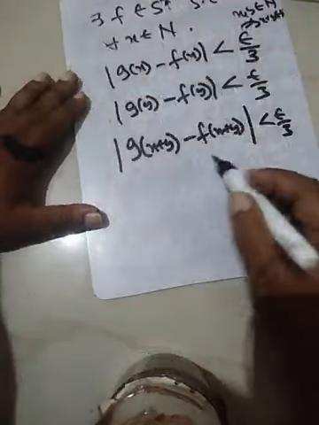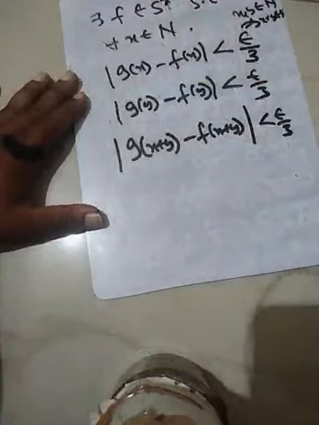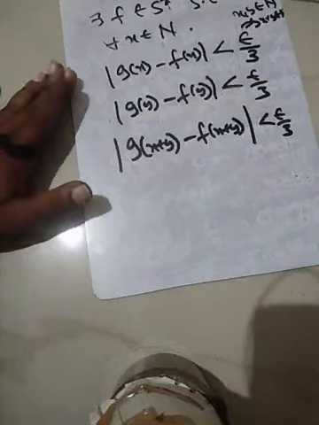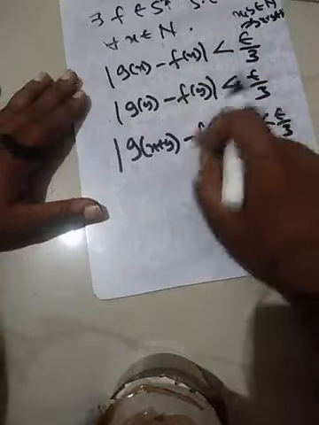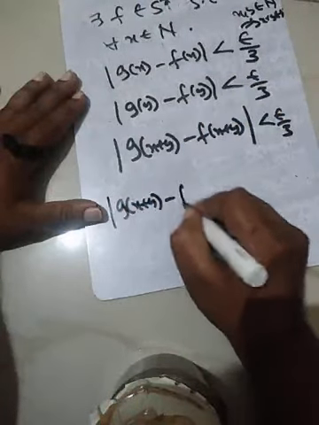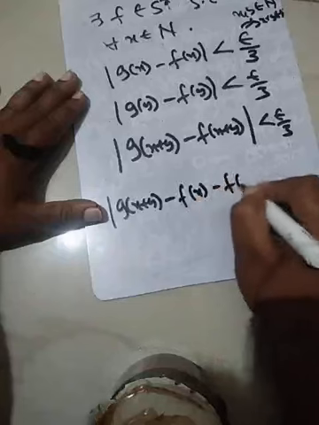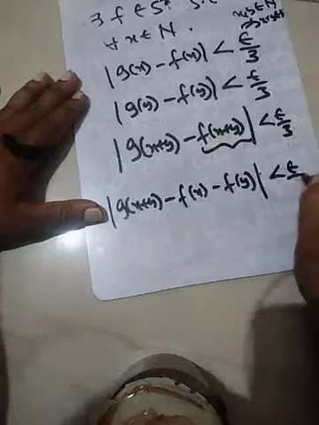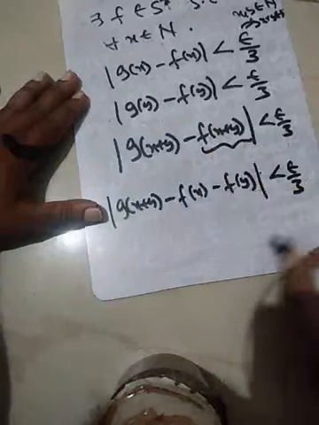So what do we get? We get that the norm of g of x plus y minus f of x plus y, would be, since f is linear and f is in S star, this is epsilon by 3.